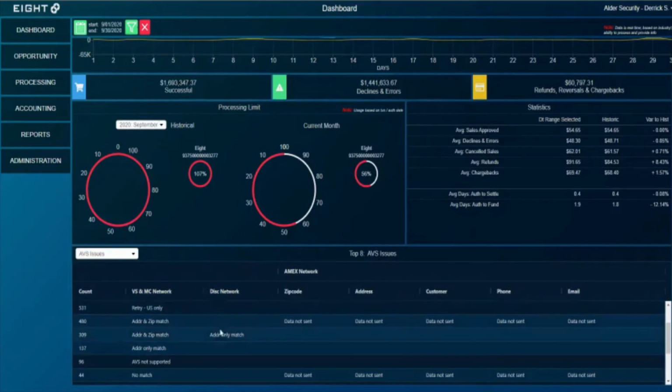You'll notice on the Discover, on this case, on 309, again, Visa MasterCard said, hey, it matched, and Discover came back and said, no, it didn't, only address matched. The zip code's bogus. So they don't all agree, guys. They're running it different ways, and they cannot come to an agreement between the four brands. And you can see it happening right here.